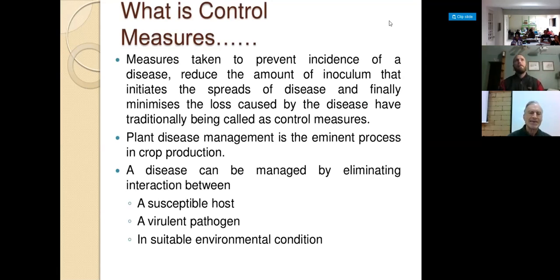You can reduce the amount of inoculum, the amount of spores, for example, that spread the disease, and that will minimize the disease. You can create a stronger plant that will reduce the amount of disease, or you could create a more favorable environment that will reduce the amount of disease.